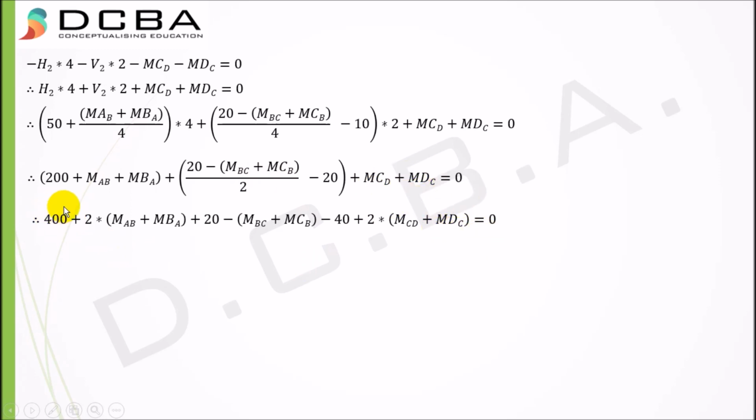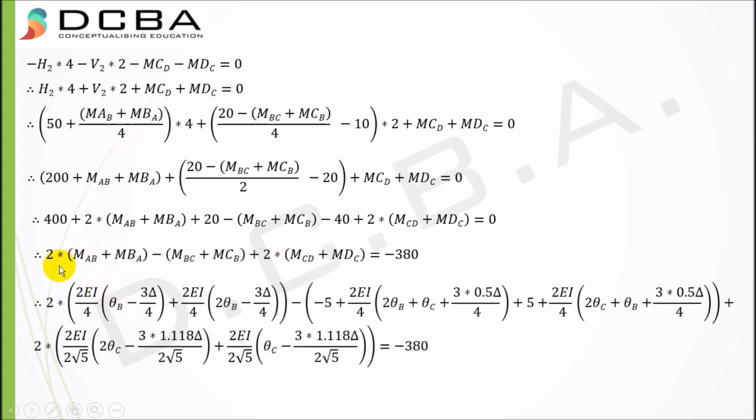Okay, now we'll take all the constants to the right hand side. That's 400 plus 20 minus 40. I think we get this as plus 380, and when it goes to the right hand side it becomes minus 380, and this is in terms of the moments. Now we just have to substitute all the slope deflection equations of these moments, and we get a big equation.